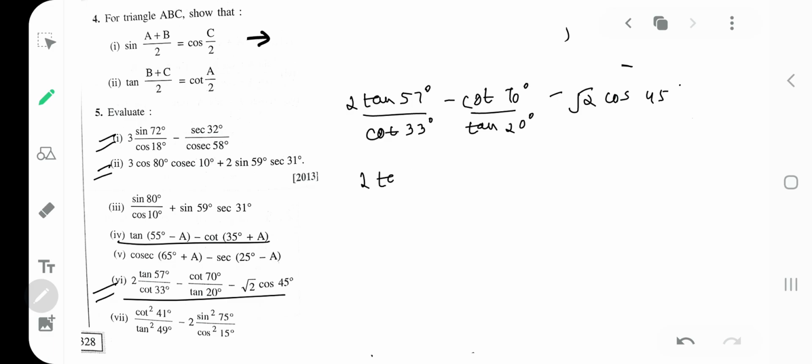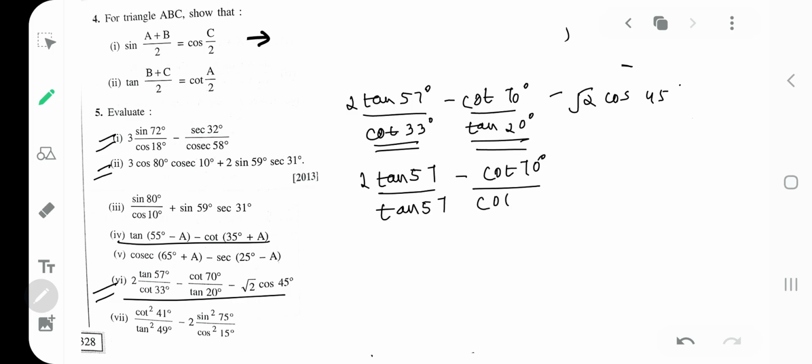Now 2 tan 57 I'll keep as it is. Instead of cot 33, I'll write tan 57. Cot 70, I'll keep it as it is. Instead of tan 20, I'll write cot 70. Minus root 2, I'll keep as it is. And cos 45 value, we have 1 upon root 2.